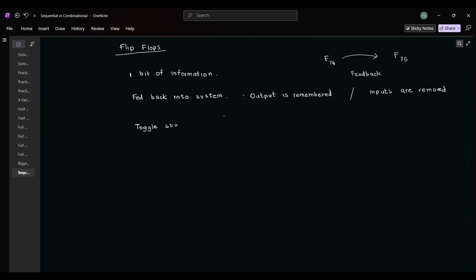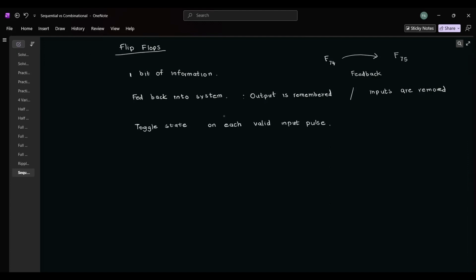They can toggle state on each valid input pulse. That's the idea, like a push button. When you push the button, it will work, and when you remove your hand, it will stop working. So it can toggle state on each valid input pulse.